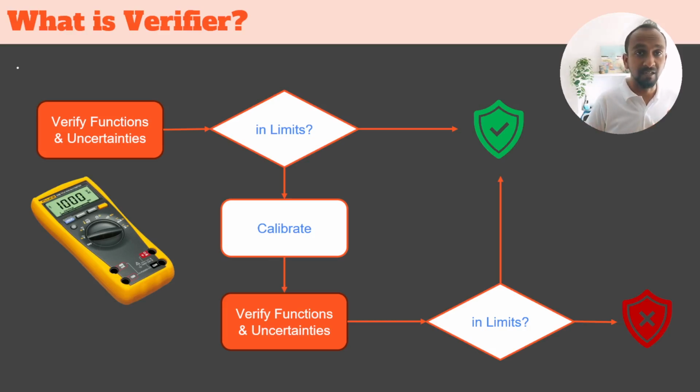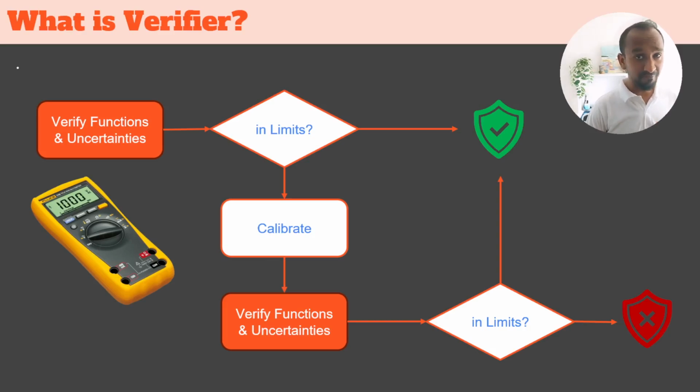Once that is done, what you do again is re-verify whether the calibrated, tuned items bring your changes within the expected limits. So you would redo the verification function for uncertainty calculations, and if it is coming back within the limits, you say yes, it's good now, it's good for going back to production, going back to the use cases.